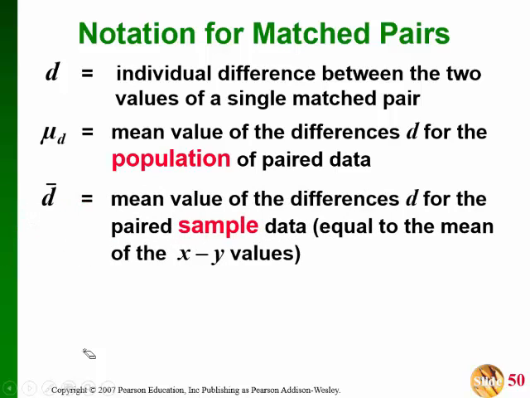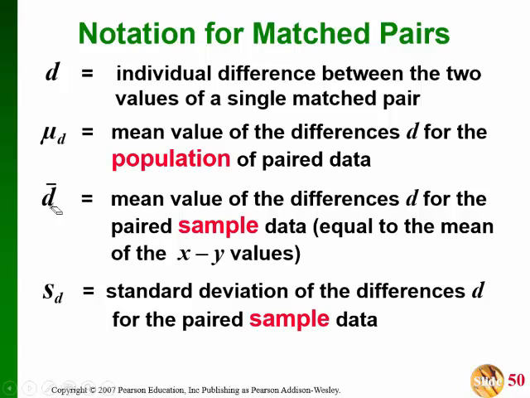X bar, instead of X bar, they use D bar. I probably would have preferred X bar sub D, but keeping with their notation, they're assuming their random variables are D instead of X, they're going to call it D bar. S sub D, instead of S sub 1 and S sub 2, or S sub X, they use S sub D to be the standard deviation of all the differences that you found.